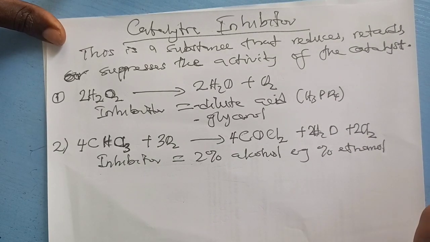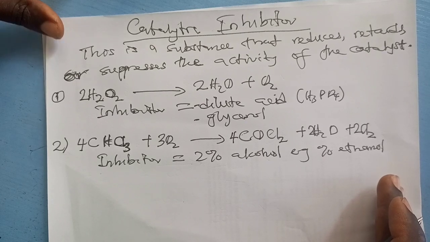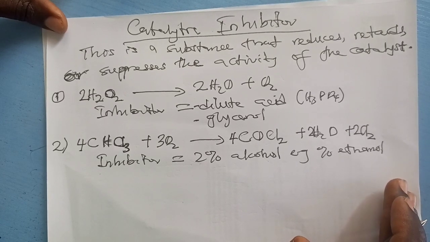Okay, what is the mechanism of action of this inhibitor in reducing the rate of the reaction? It does that by breaking the chain reaction. Okay, when you introduce an inhibitor, it reduces the reaction by affecting the chain reaction.